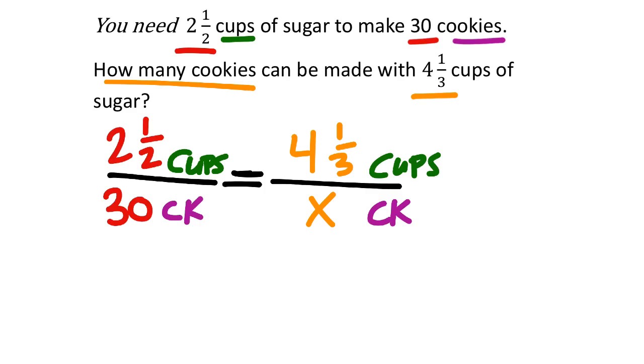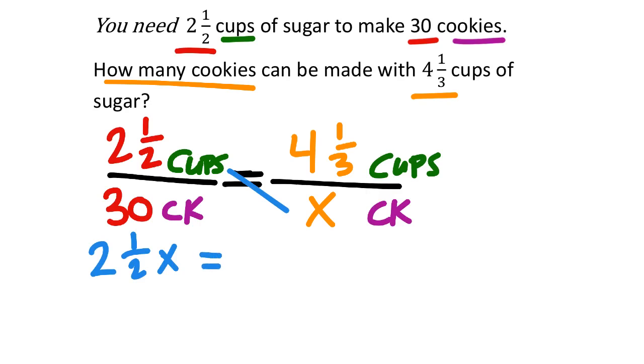To solve this, we're going to need to cross multiply, right? So I'll start with this cross. That's 2.5 times x. We'll just make it 2.5x. By the way, if you made these two mixed numbers improper fractions to start with, that's fine.